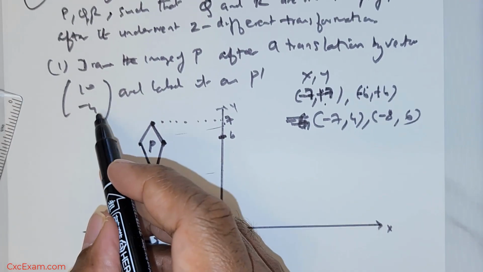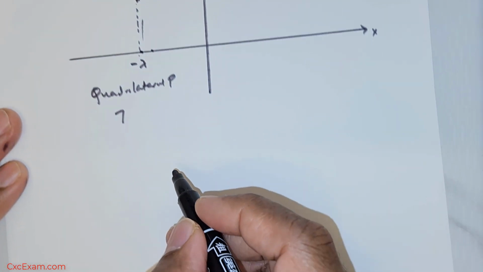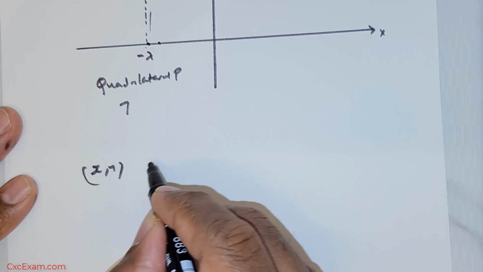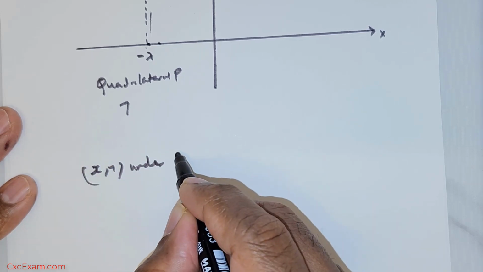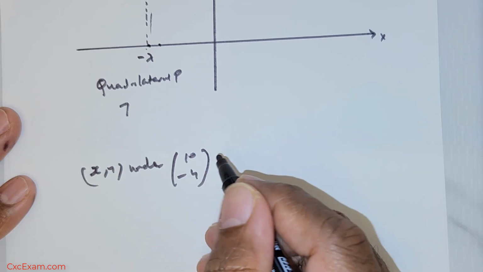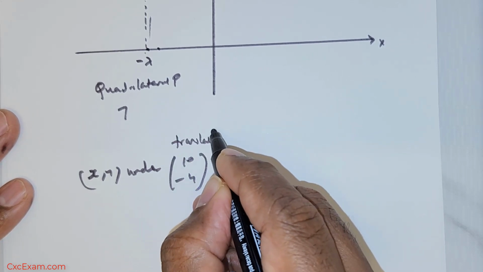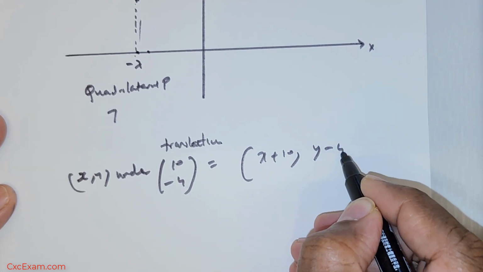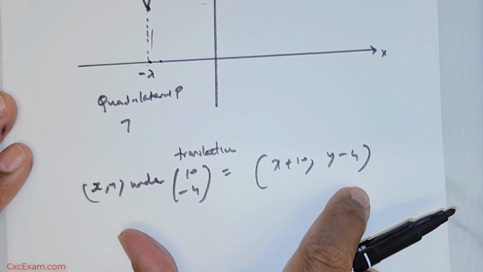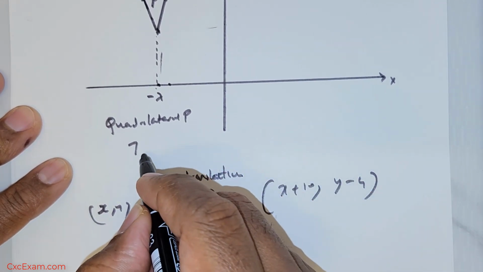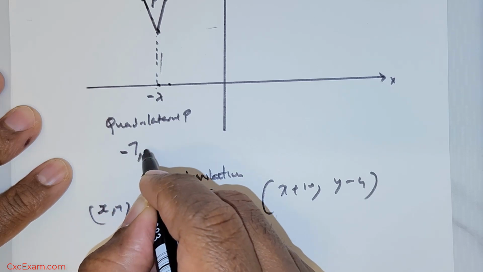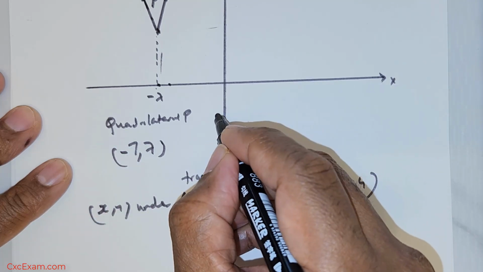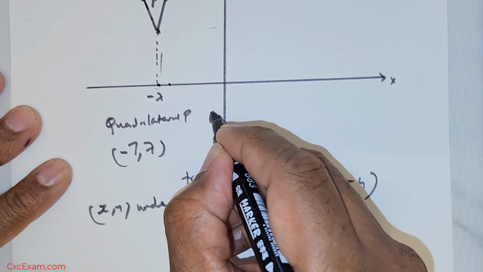Now we are expected to make a translation of (10, -4). So let me show here (x, y) under the (10, -4) translation will be equal to (x + 10, y - 4). So this is how the translation will work. So what I'm going to do here is coordinate (-7, 7), and this is going to be the new quadrilateral P dash.